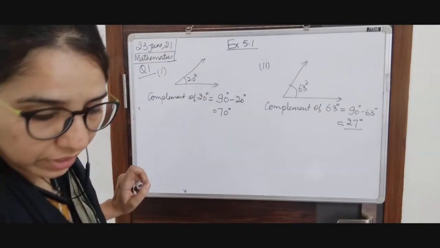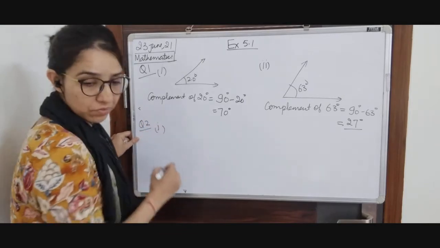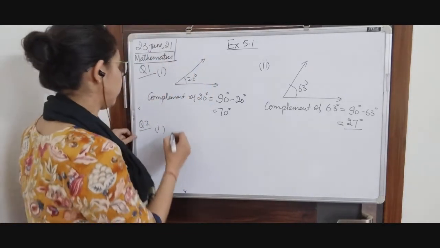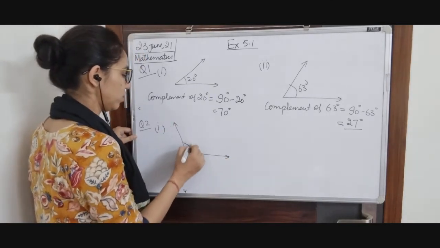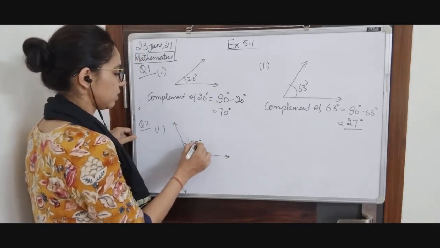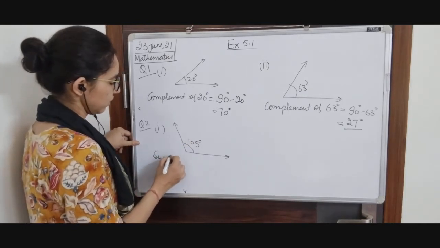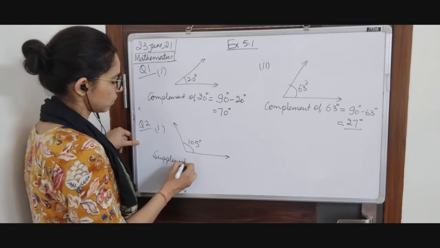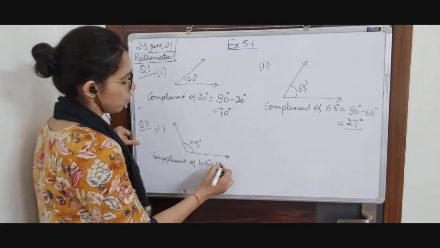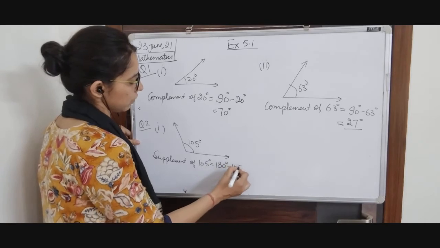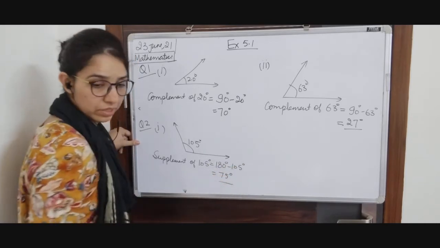Next we have to find the supplementary angle, question number 2. First one we have is 105. Supplementary angles are those angles, we are repeating the definition again, whose sum is equal to 180. So the supplement of 105 will be 180 minus 105, which is equal to 75 degrees.